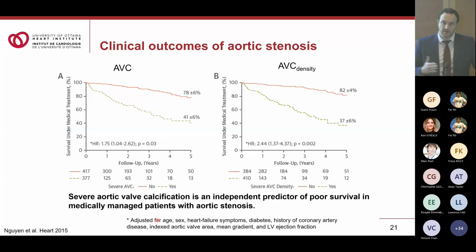So patients who are not intervened upon with surgery do worse with increasing levels of aortic valve calcification, with severe levels in particular, based on the threshold from the early study. Quite interesting, there's slightly better predictive value with the density metric.